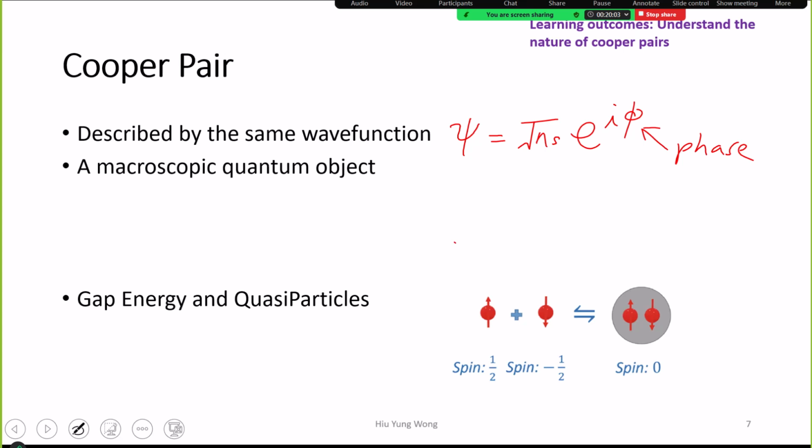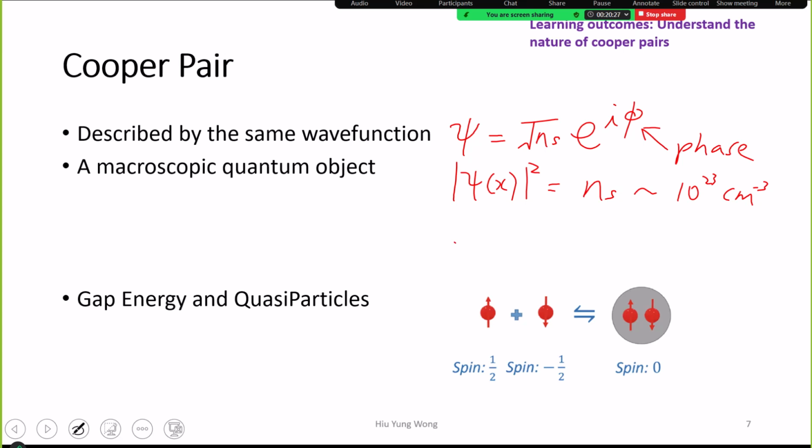Then what is NS? Think about this. When you try to do the measurement, right? Maybe I better do this. What is the square of this wave function? It's equal to NS. It's telling me the probability of measuring the electron. And of course, this is in the order of 10 to the power 23 per cm cube.